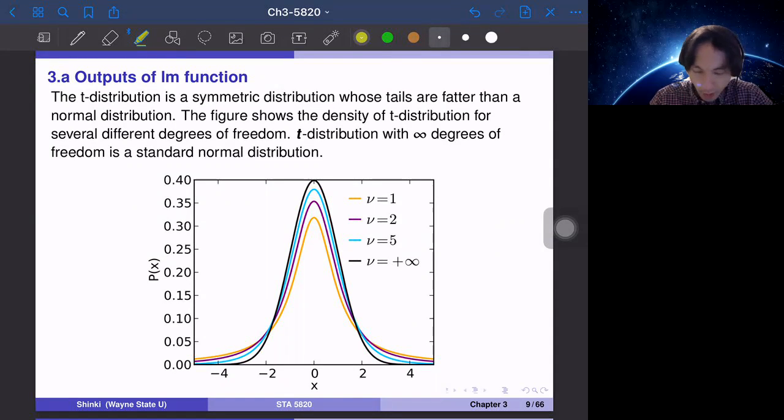The normal distribution is the black line, the black curve is the normal density function. And the three t distribution examples are here. The yellow one has the heaviest tail, the t distribution with df 1. The purple one is df 2, and the blue one is df 5. If degrees of freedom is more than about 30, it's almost indistinguishable from the normal distribution. So the normal distribution is the t distribution with degrees of freedom infinity.